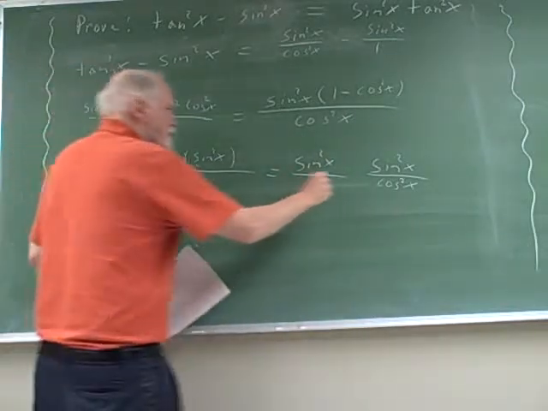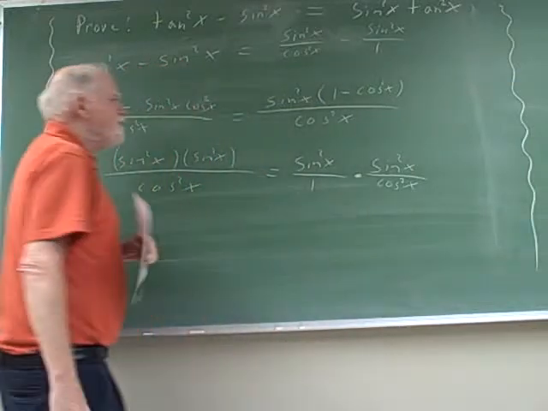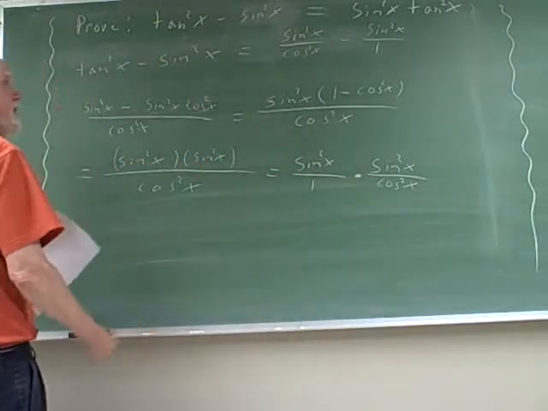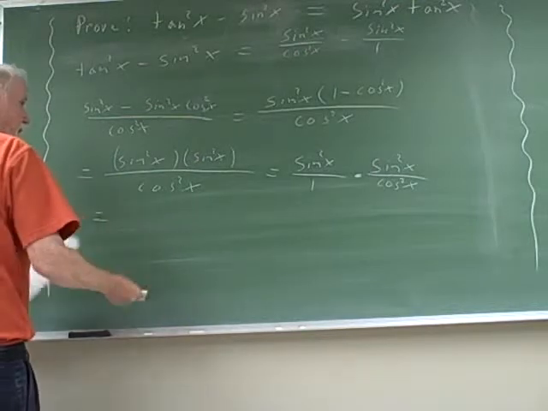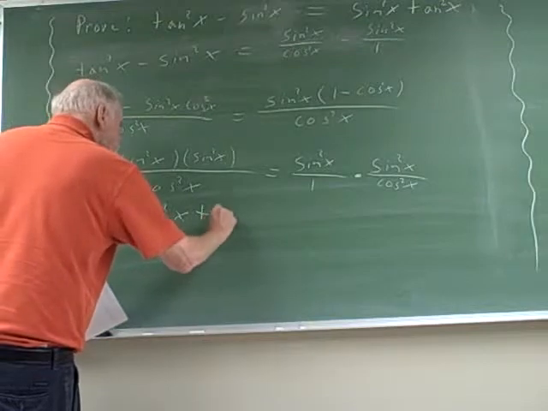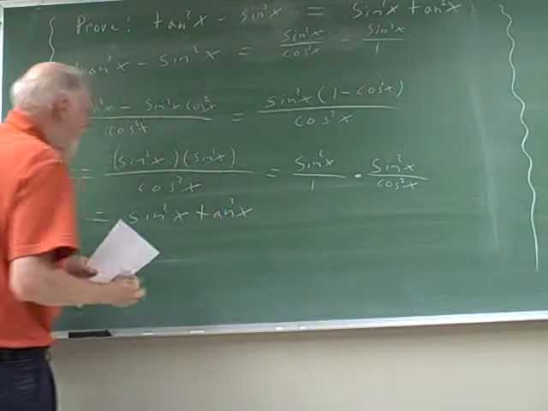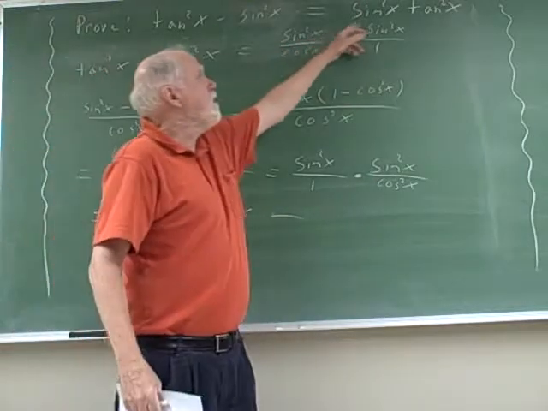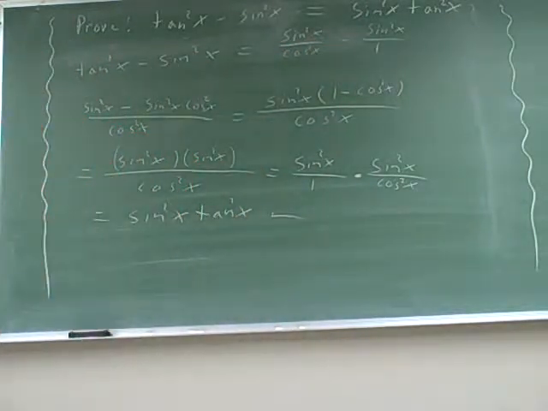And this is times, isn't it? Put a dot there. So this is sine squared x, and of course this is tangent squared x. So this equals, and it's a product, sine squared x times tangent squared x. And that is exactly where I wanted to get.